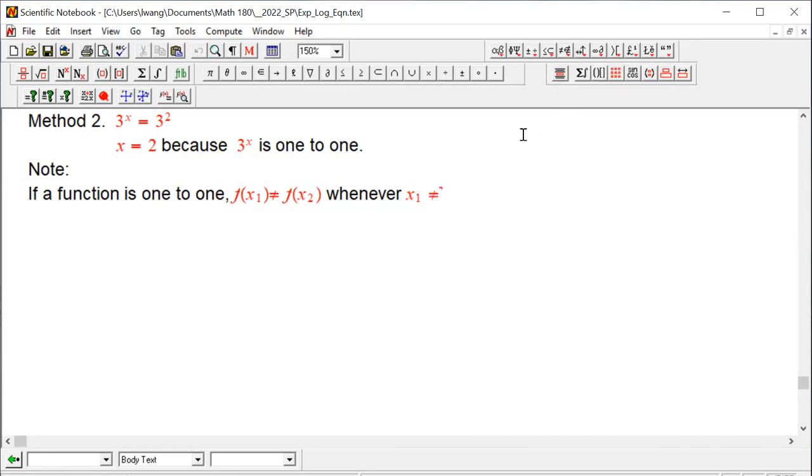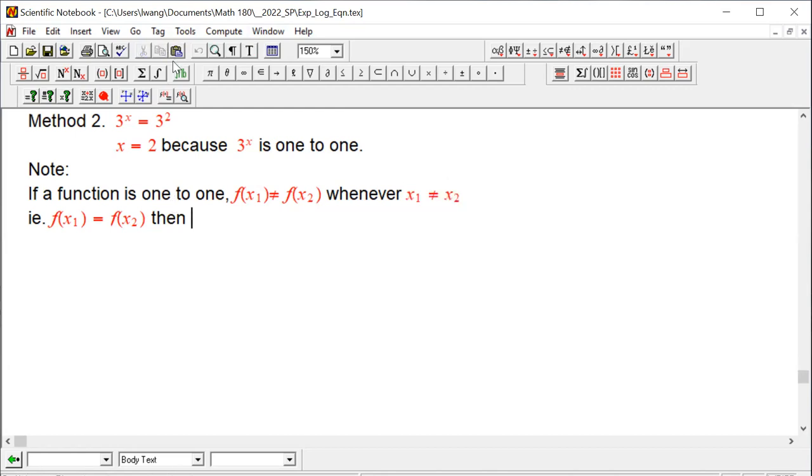And from this description, whenever the inputs are different, then the outputs are different. In other words, i.e., if the outputs are the same, then the inputs must be the same.